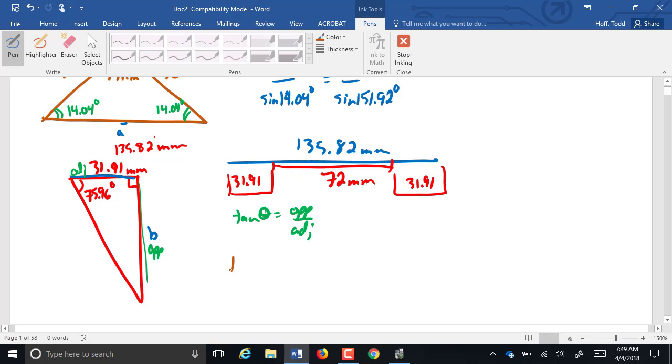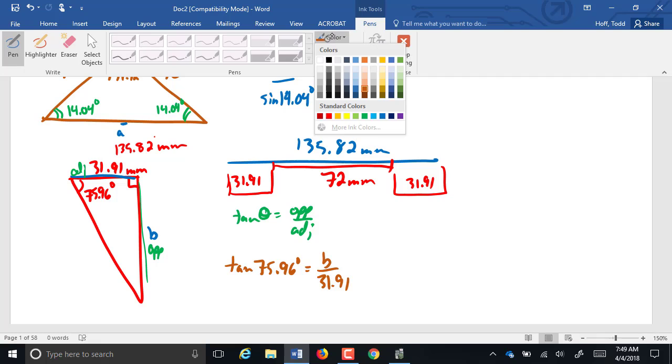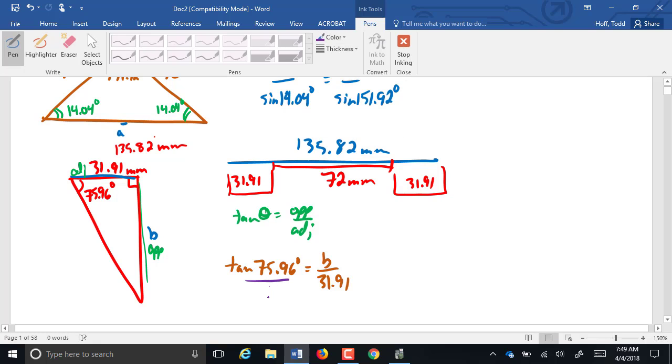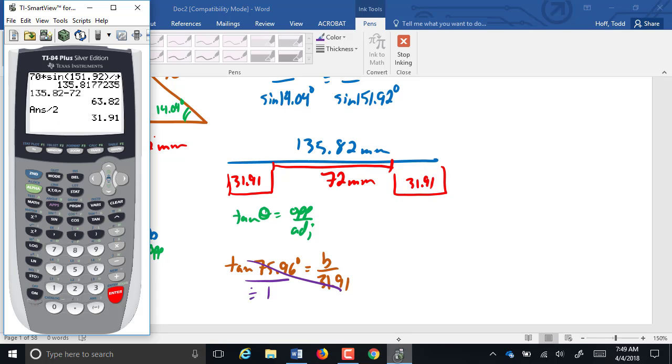So I know the angle is 75.96 equals opposite side B over adjacent 31.91. I am looking for a missing side, so I make it a proportion. I cross multiply and divide.